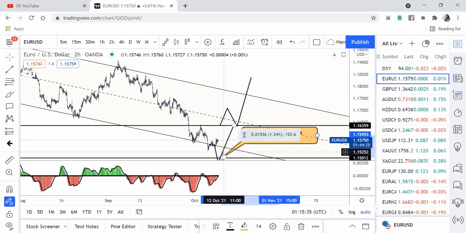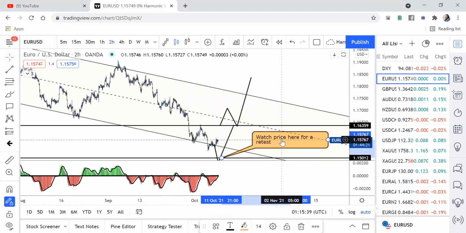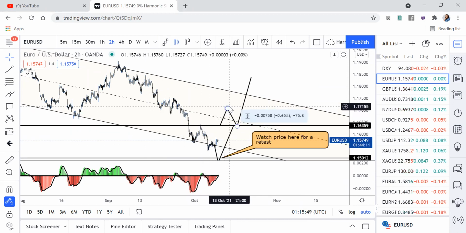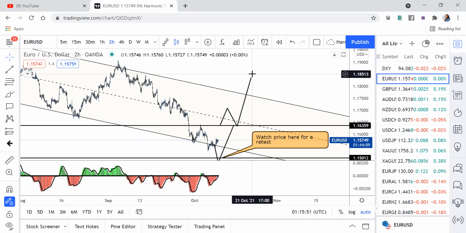We're watching price here for a retest. But the only time we will buy is if this 1 hour structure is broken. Here we get a retest and then we look to buy.